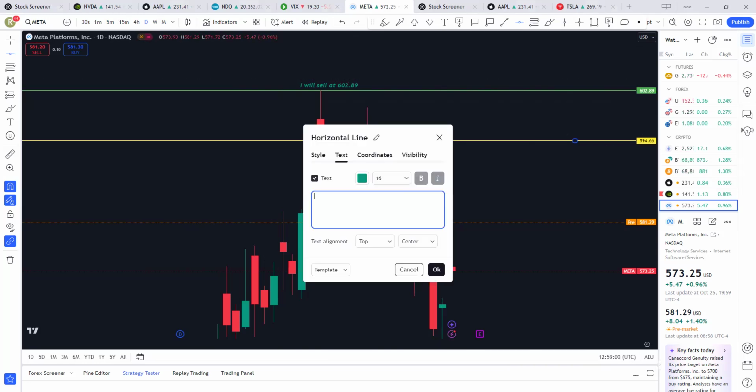We can see if it goes back, because if you do it as your planner, you can add that note there. If it reaches back to 594.60, you will buy again.